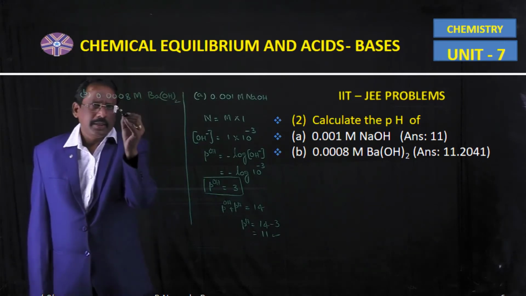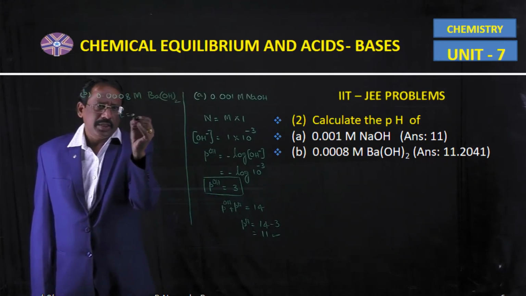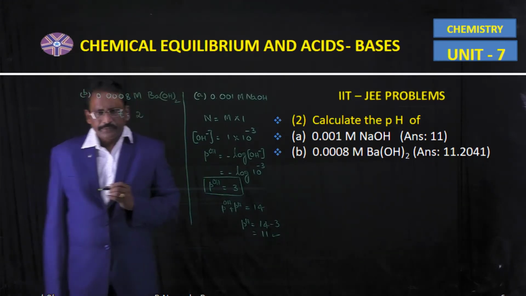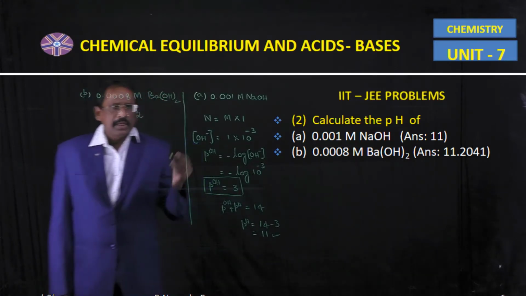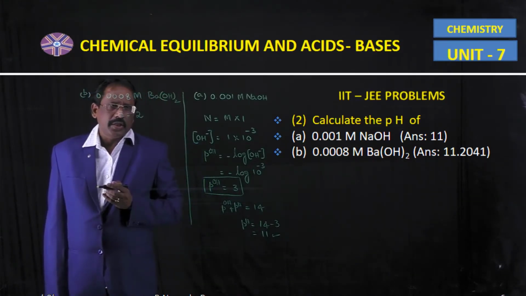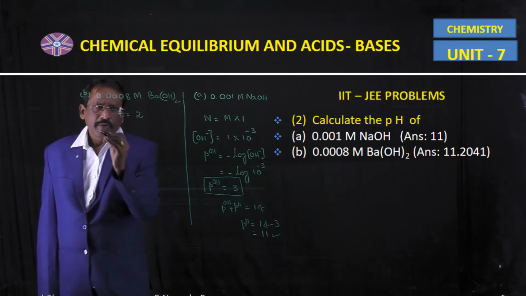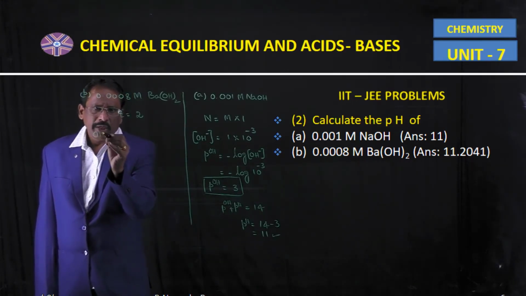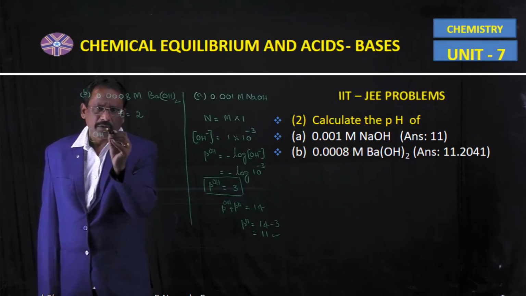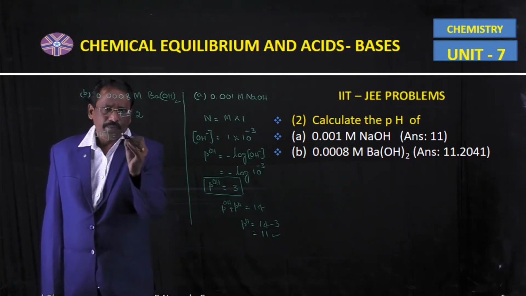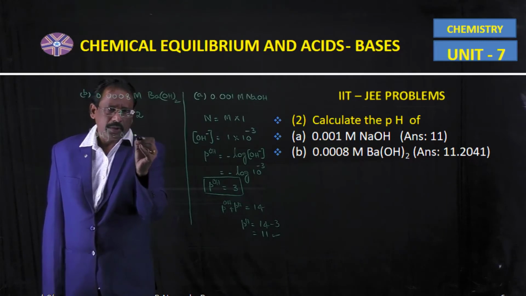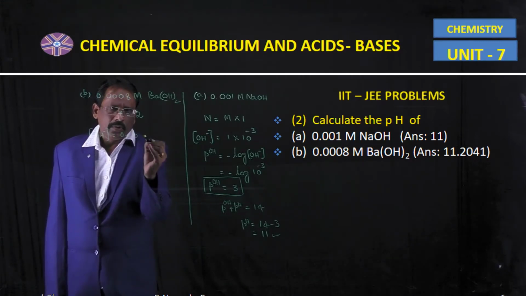Here the value of Z is equal to 2, because in this basic solution there are 2 hydroxyl ions. So OH minus ion active mass is equal to 0.0008 into 2.